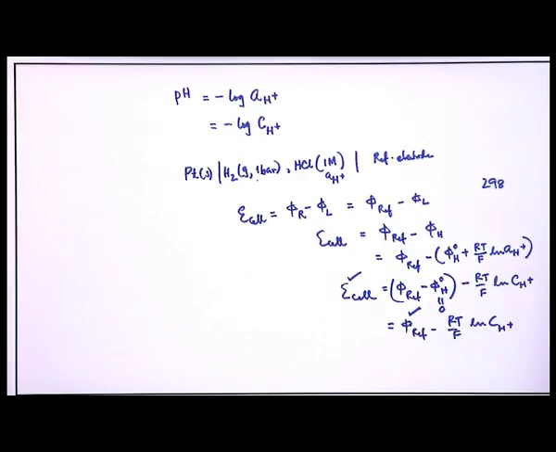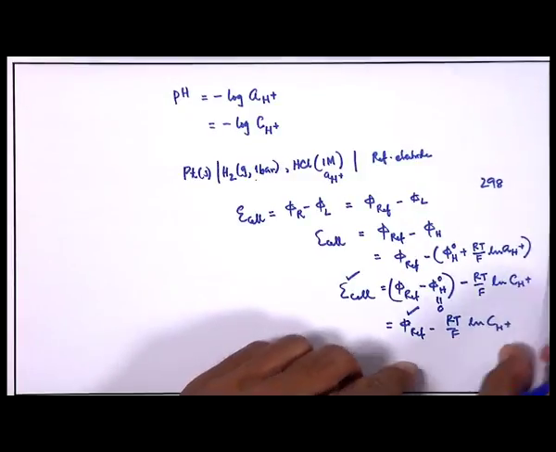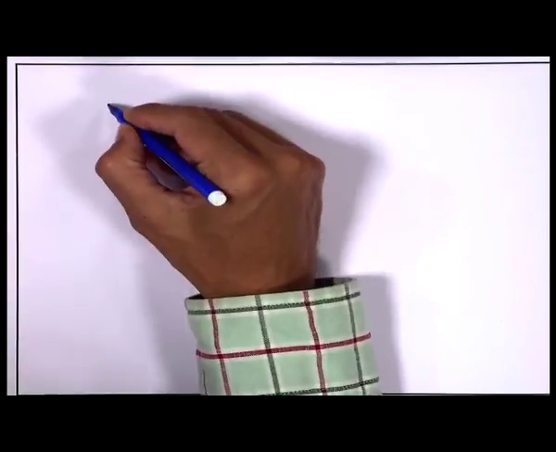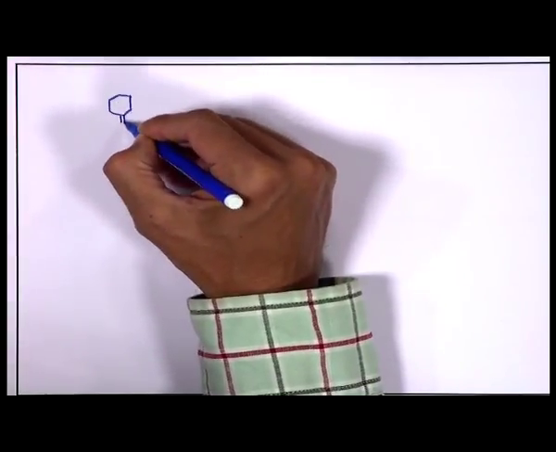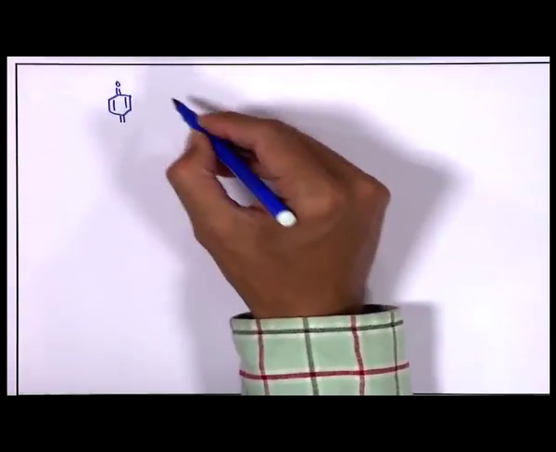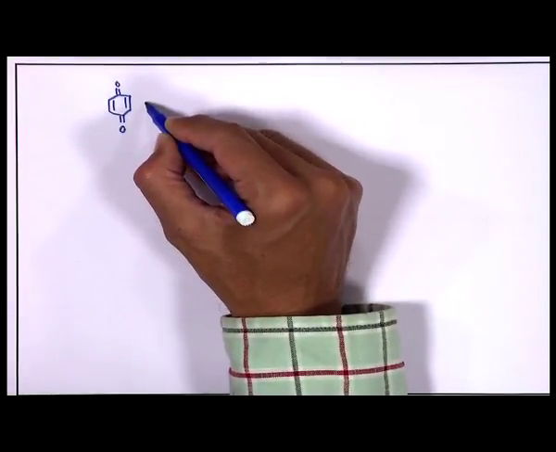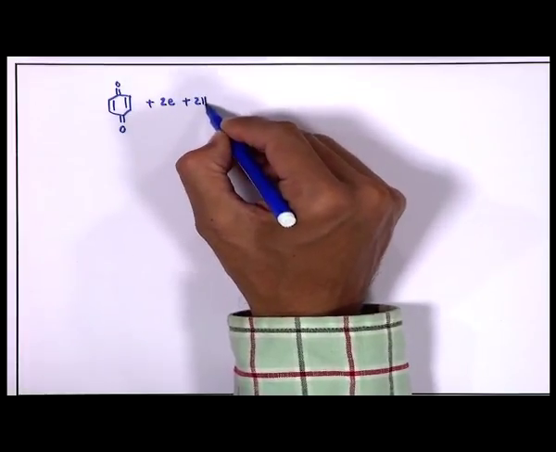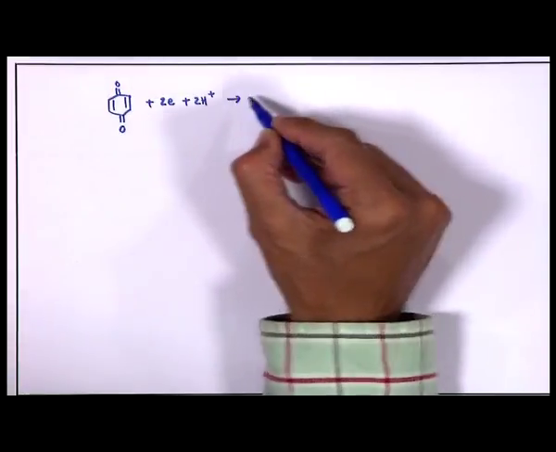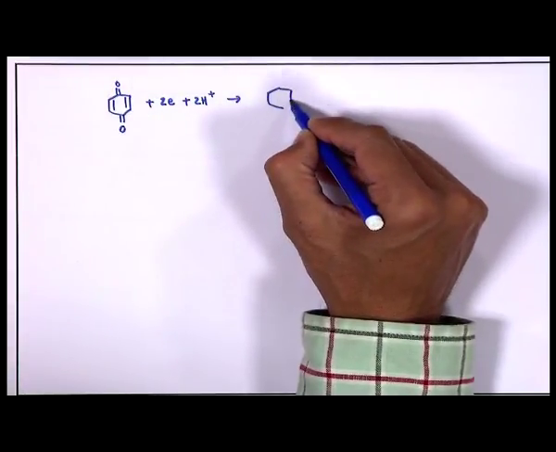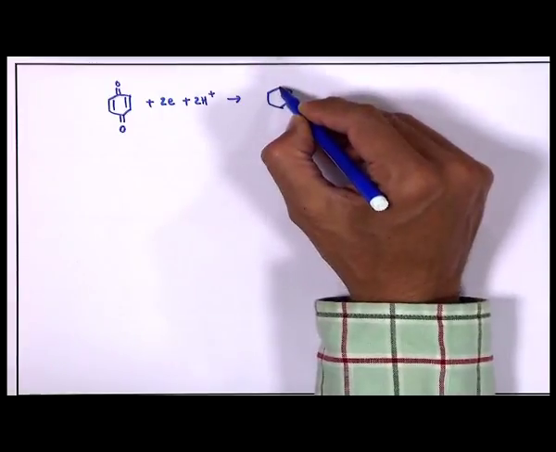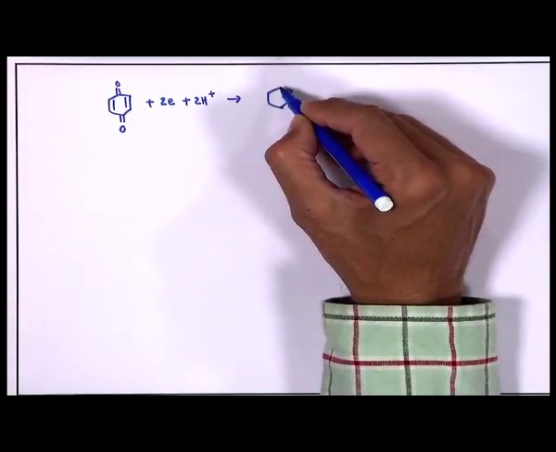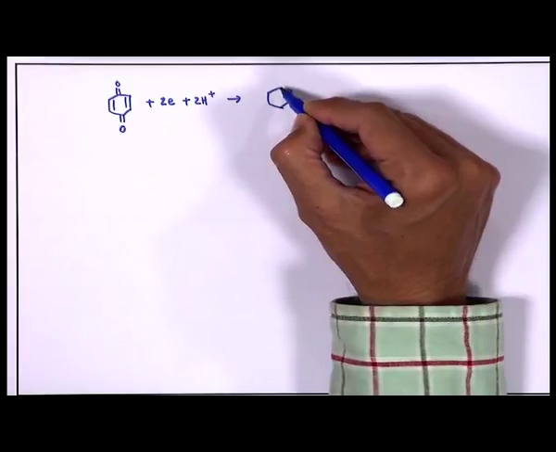Another is this quinone hydroquinone system, where quinone plus 2 electron plus 2 H plus gets you hydroquinone.